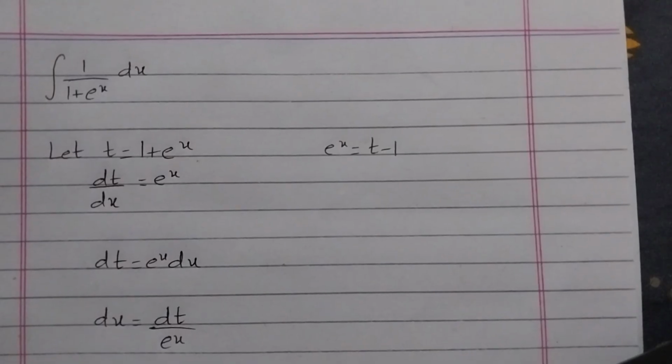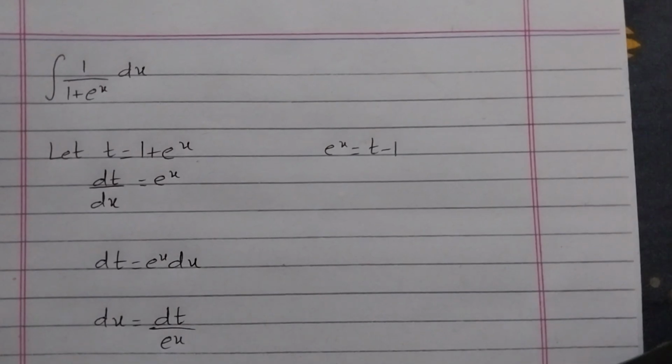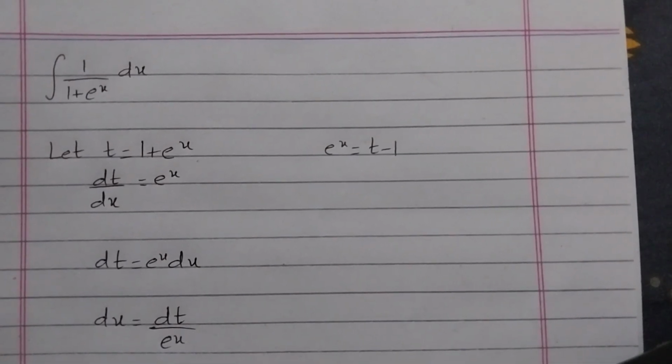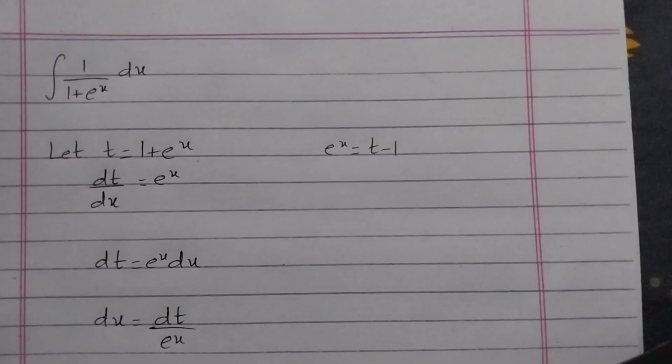It's a straight line, so its slope will be 0 or its derivative will be 0. And the derivative of e raised to power x is e raised to power x. So dt over dx will be e^x, and we are interested in dx.